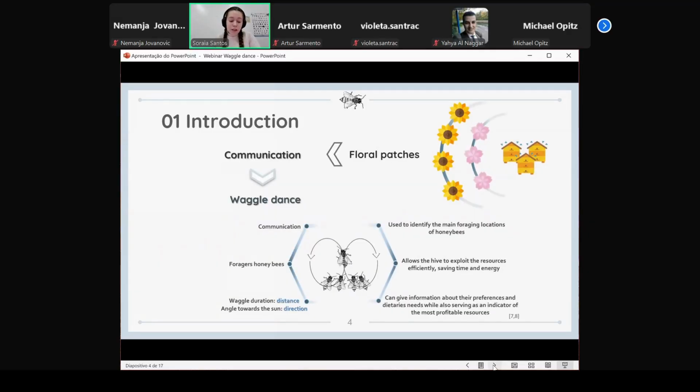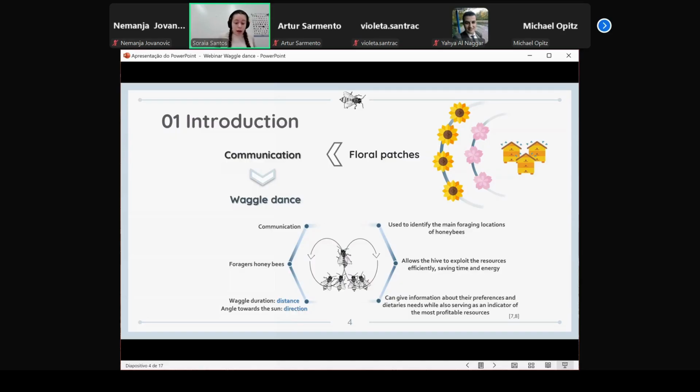Ideally, floral patches near the hive allow bees to access different food sources over extended periods. With landscape dynamics, bees need to adapt their forager decisions. Waggle dance communication is the most common communication to simplify this system.